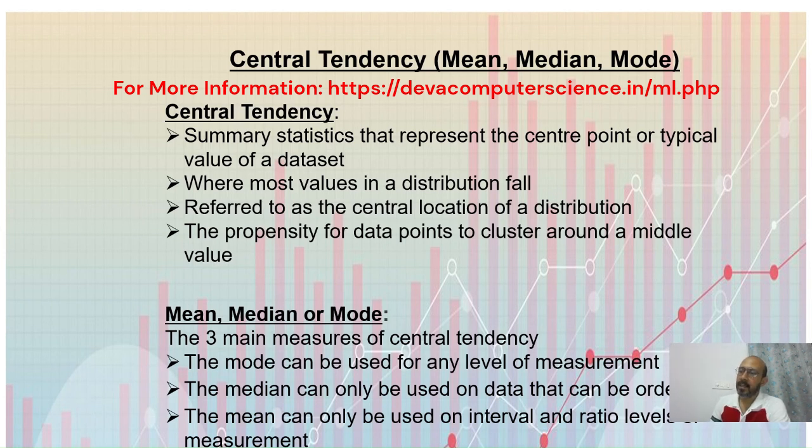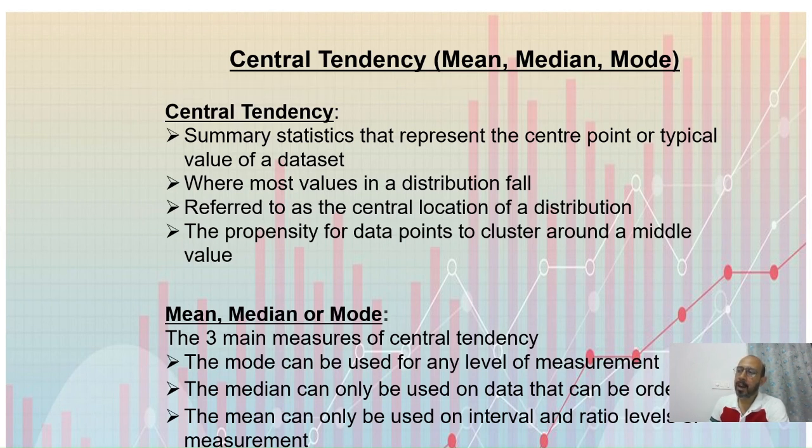In statistics, the mean, median and mode are the 3 most common measures of central tendency. When should you use the mean, median or mode? The 3 main measures of central tendency are best used in combination with each other because they have complementary strengths and limitations.